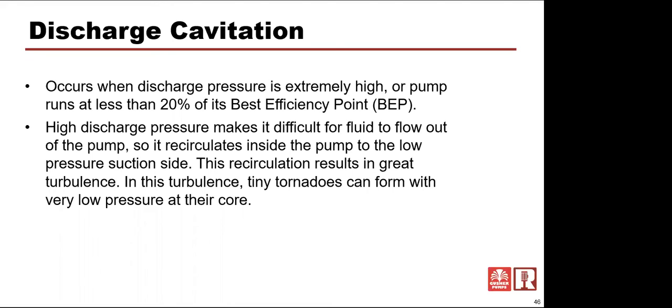Well, what happens to that other flow? It gets recirculated across the front of the impeller, across the back of the impeller, across the cutwater to try to make it back to a lower pressure area to balance itself out. But in doing so, it creates this amount of turbulence and vibration that causes what we call recirculation cavitation.